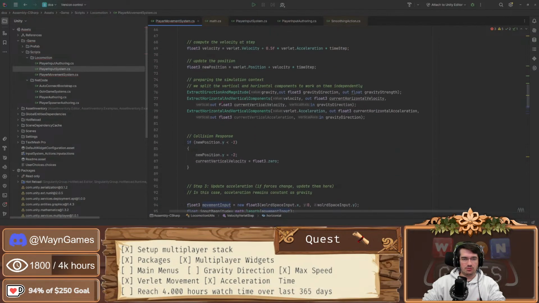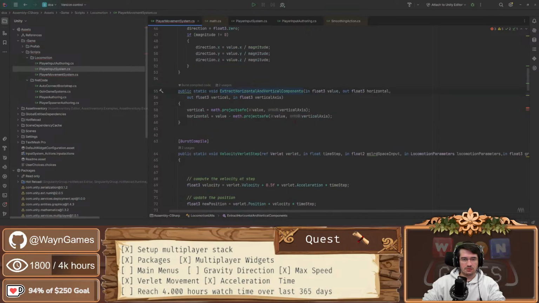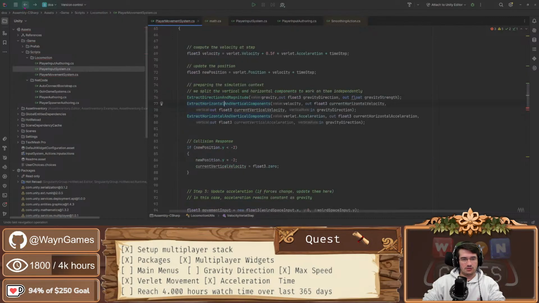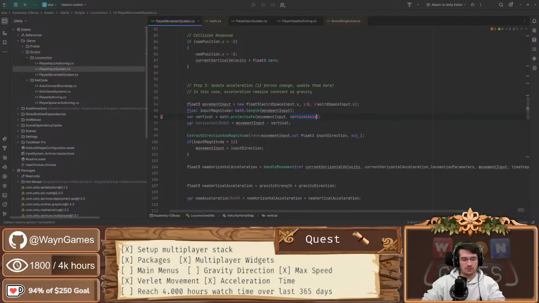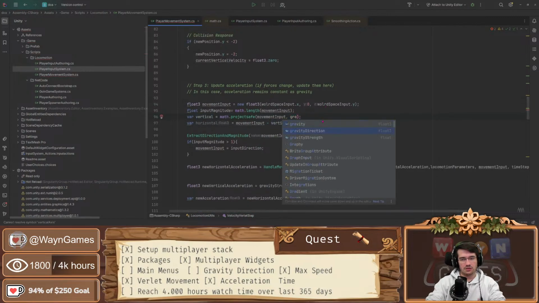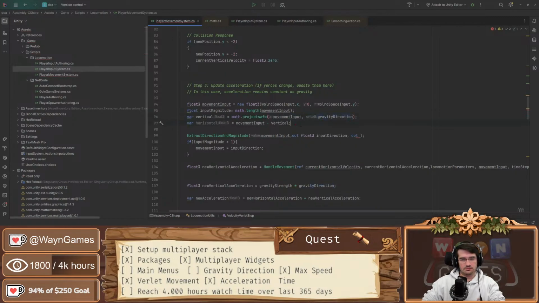Why am I doing it twice here? I should just do minus vertical. I don't know why I was doing it twice. So same thing here. I'm getting the vertical component, that's the gravity direction.